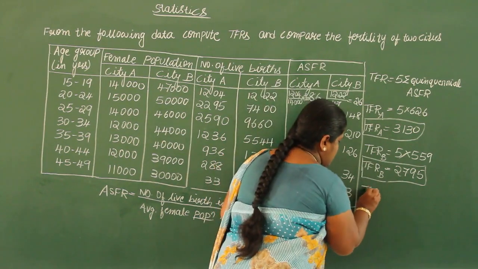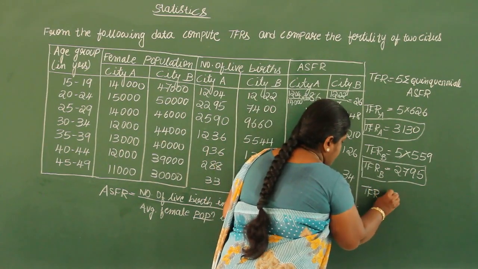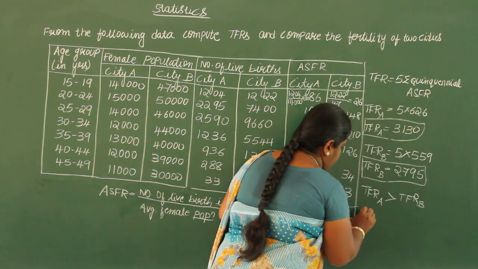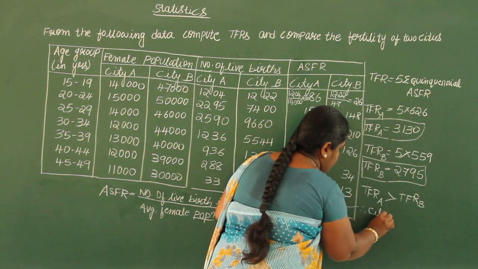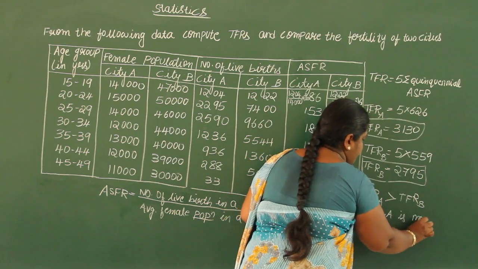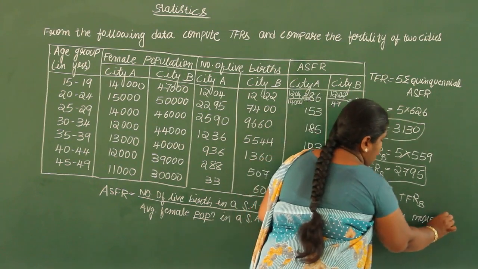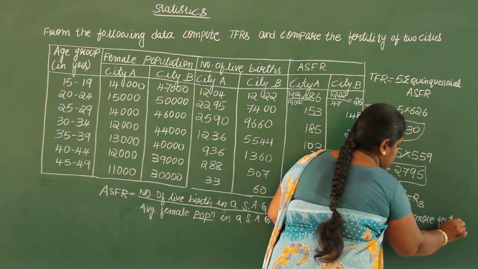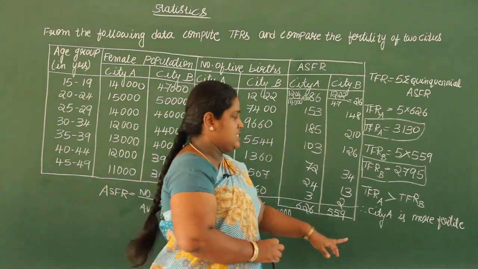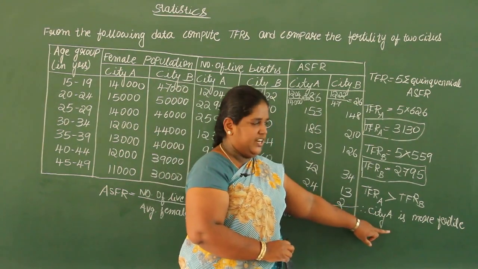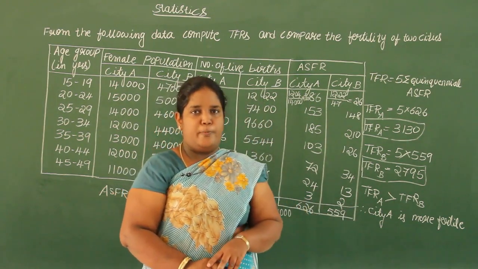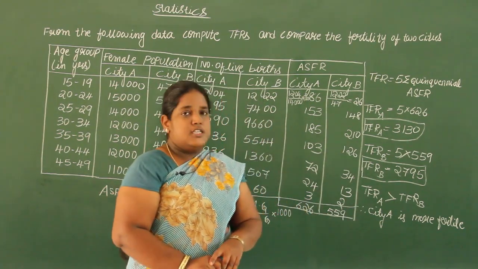So that means TFR of A is greater than TFR of B. Therefore, city A is more fertile. So here there will be more births in city A. So we'll mention it as city A is more fertile. Whichever TFR is more, that particular population is more fertile.